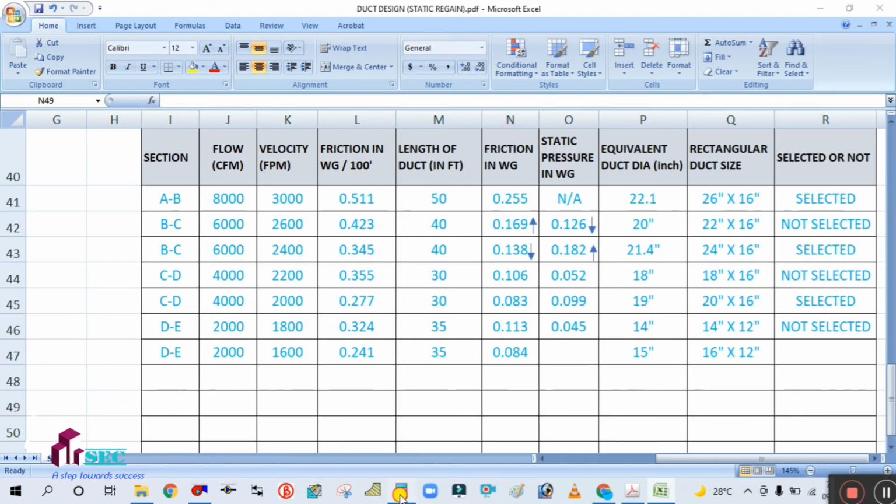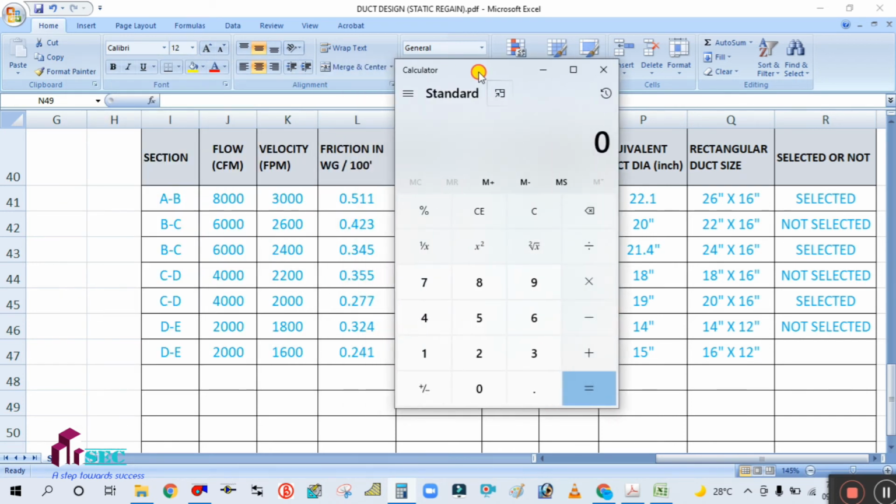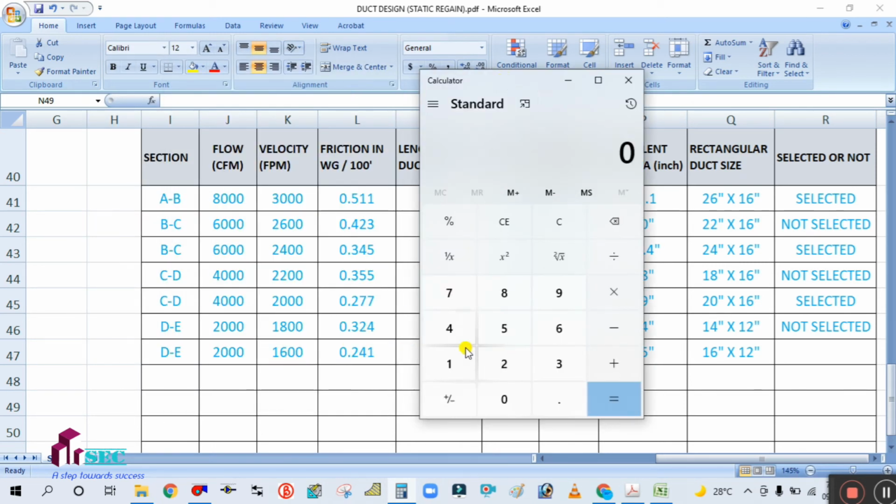How to check this? Simple, take V1. V1 was 2000, so 2000 divided by 4000, whole square, so 0.25. And now V2 is 1600, so 1600 divided by 4000 whole square is 0.16.